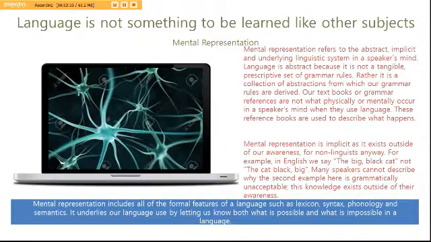It's not a prescriptive set of grammar rules. Rather, it's a collection of abstractions from which our grammar rules are derived. So our textbooks or grammar references are not what physically and mentally occur in a speaker's mind when they use language. These reference books are used to describe what happens, or in an attempt to describe what happens.